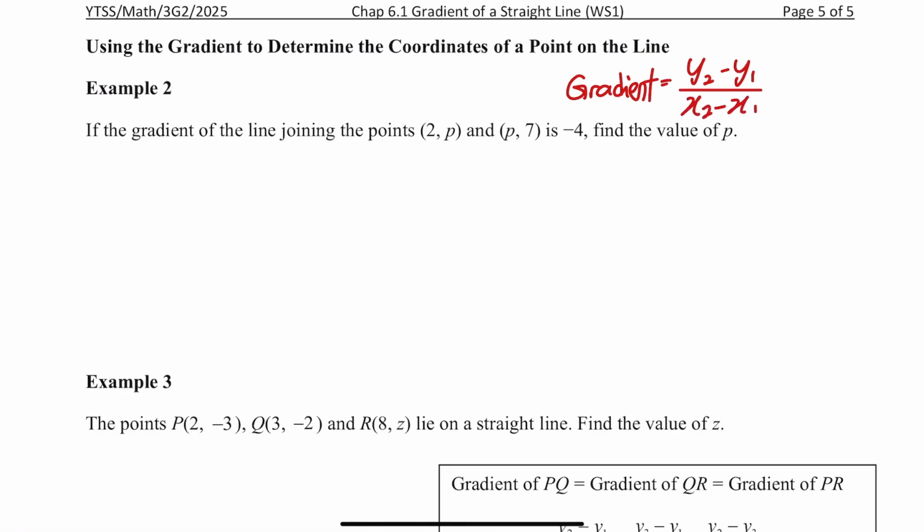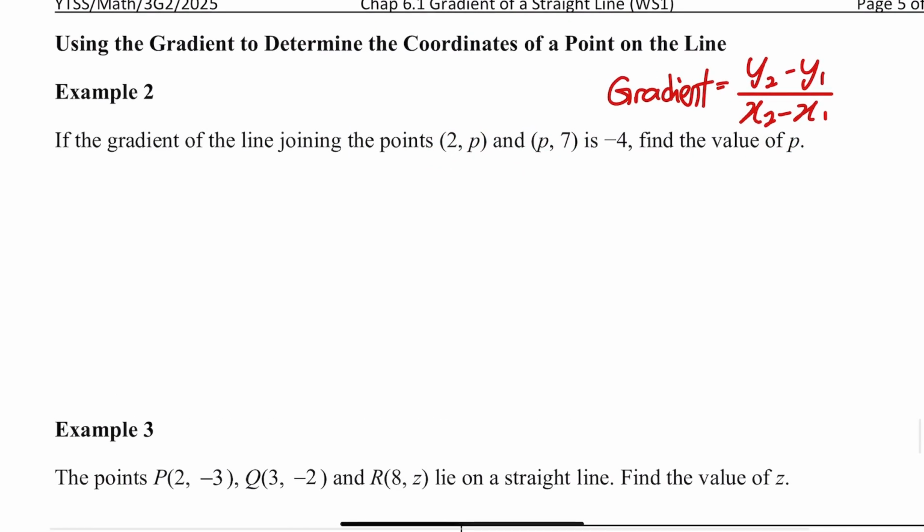Okay, so if I have 2 points here, I can now find the gradient. So if I were to write my y2 minus y1, my y2 is simply 7. My x2 is p. My y1 is p.